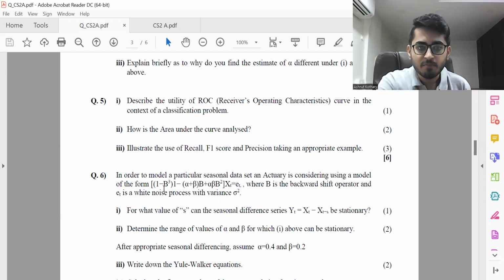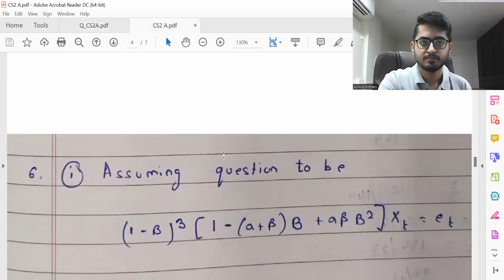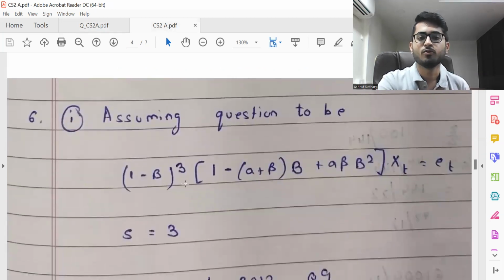So here, if you see, it's 1 minus b cube into 1 minus alpha plus beta b, so on. Actually, what I think they would want this question to be, to make the other parts a bit more logical or sensible, is this. This 1 minus b whole cube will be outside, and then this is the entire term.